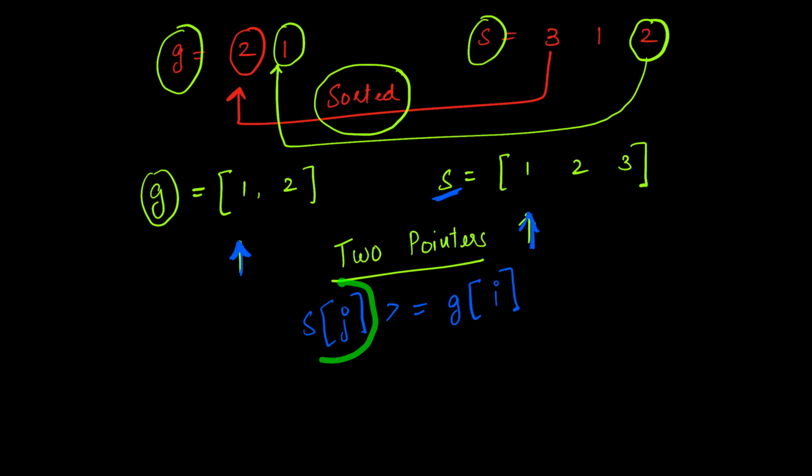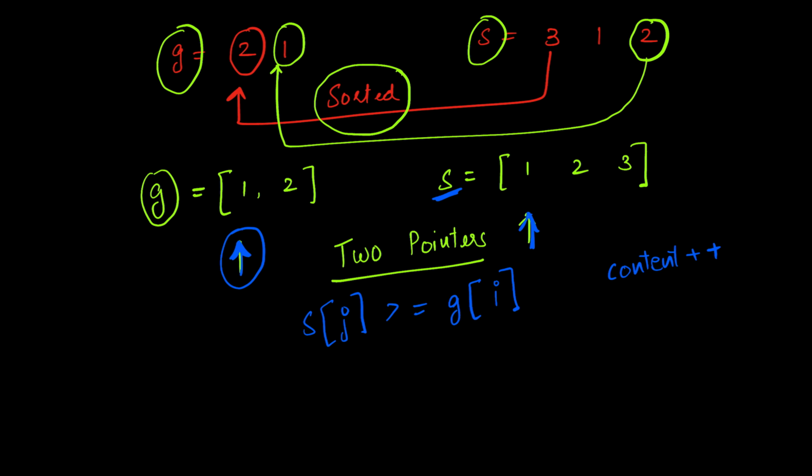To meet the child's greed factor, S of j, that is the cookie size, should be greater than or equal to the child's greed factor, that is g of i. If the condition is satisfied, we can use a separate counter, let's call it content, and increment it every time. The child pointer will be incremented if we are able to content the child's greed factor, and the cookie pointer will be incremented every time during the loop.